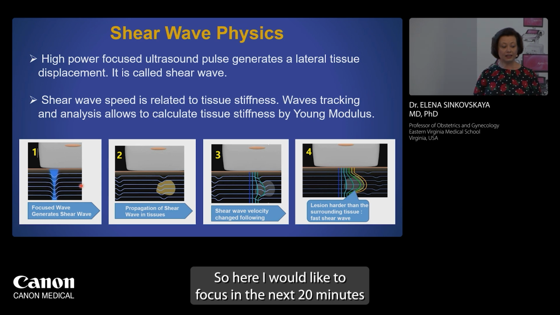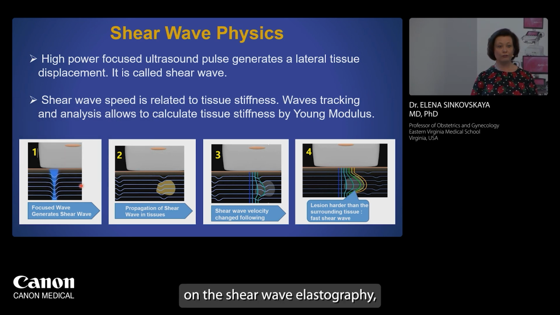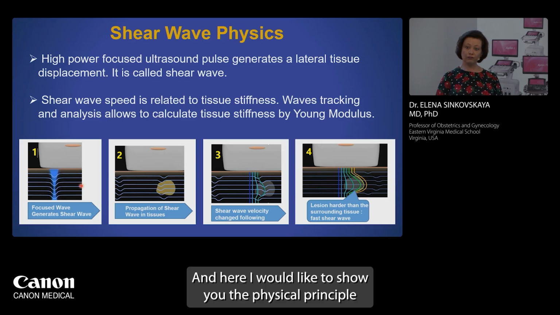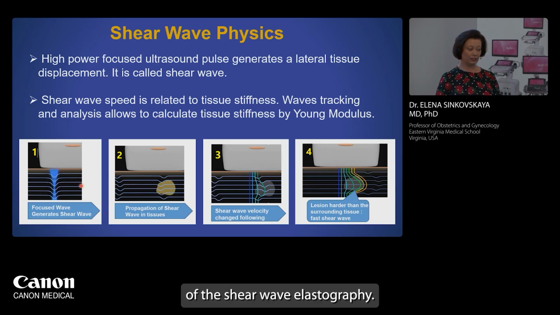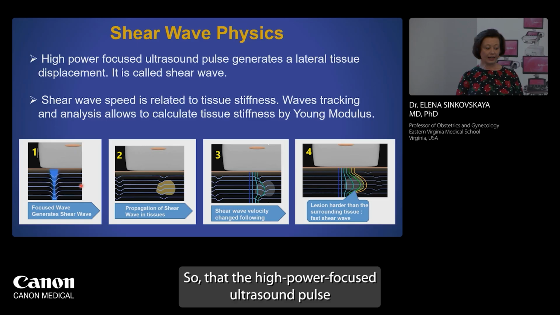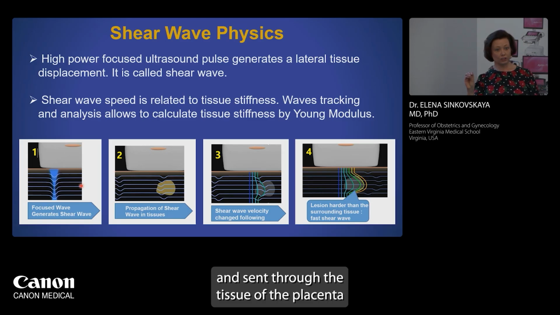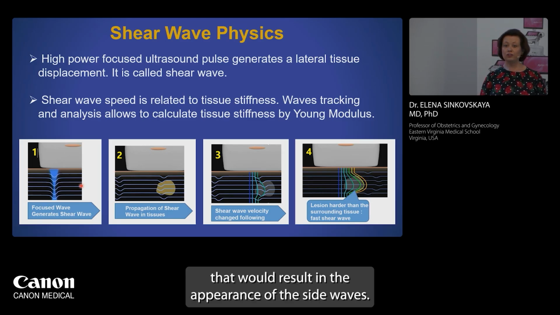In the next 20 minutes, I would like to focus on shear wave elastography and that technique for placental evaluation. Here, I would like to show you the physical principle of shear wave elastography: a high-power focused ultrasound pulse is generated by the ultrasound system and sent through the tissue of the placenta, which results in the appearance of shear waves.